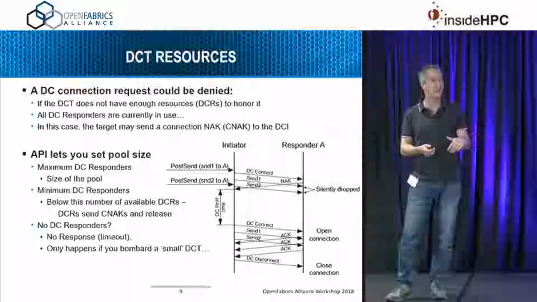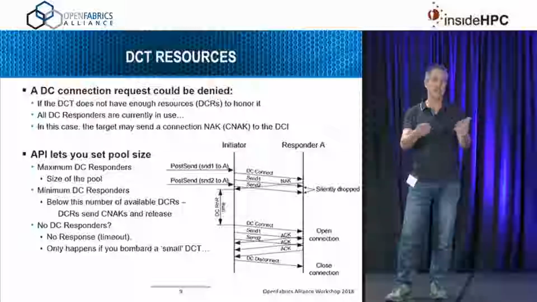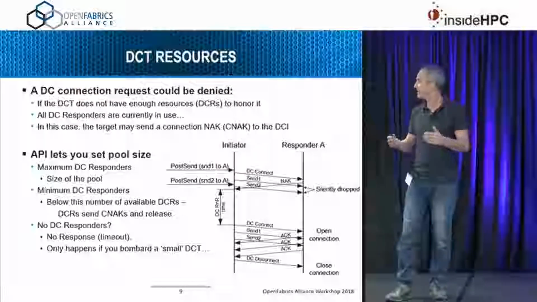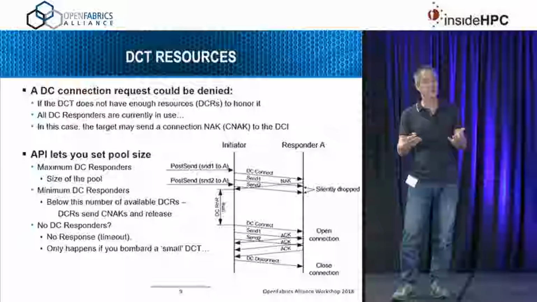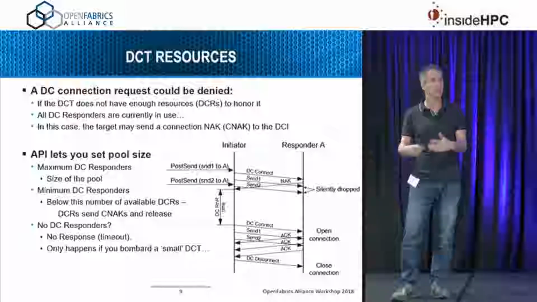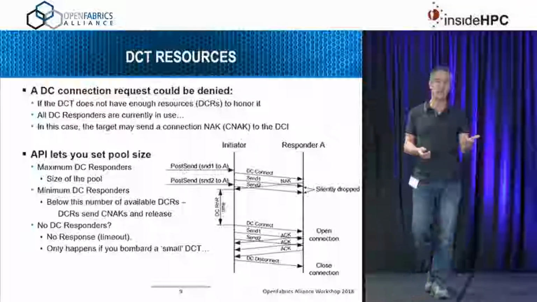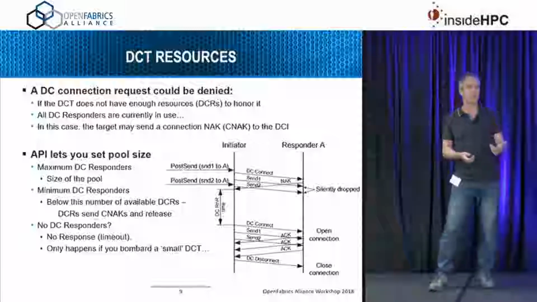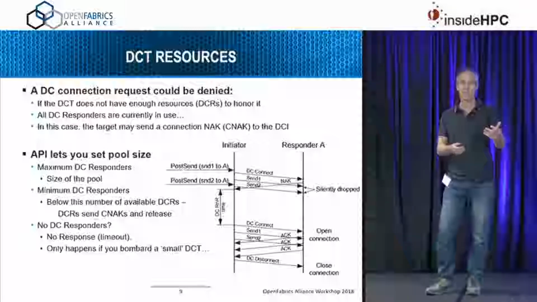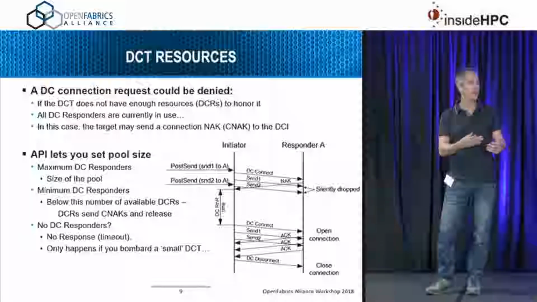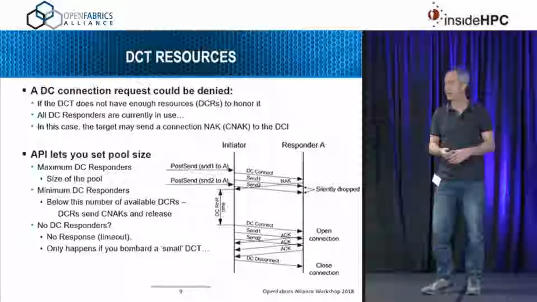It cannot even send a NAC saying, I'm not going to handle this. So it's just going to silently drop the packet. So we want to be able to have some responders to handle traffic and potentially maintain a couple of responders just to be able to send NACs to the peers so they can better react and not just time out on traffic.